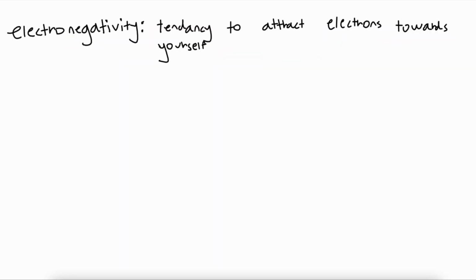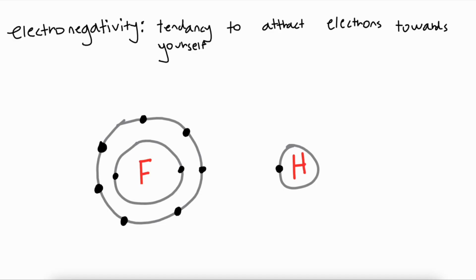I will show this process again, this time with the molecule hydrogen fluoride. So, again, here we have a fluorine atom and a hydrogen atom. This fluorine has 7 valence electrons and thus wants to complete its octet by acquiring 1 more. This hydrogen atom has one valence electron.